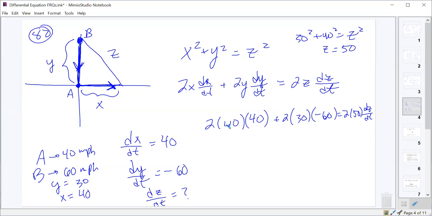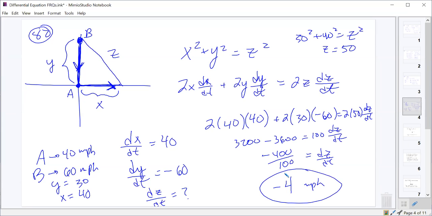So what is that? 1600 times 2 is 3200 minus 3600 equals 100 dz dt. 3200 minus 3600 is negative 400, divided by the 100 gives you negative 4, whatever the units were, miles per hour, right? Everybody good with that? 82 should be, looks like D.